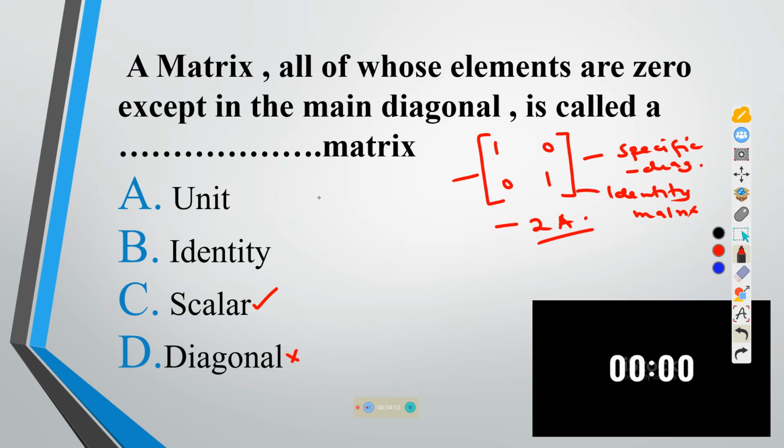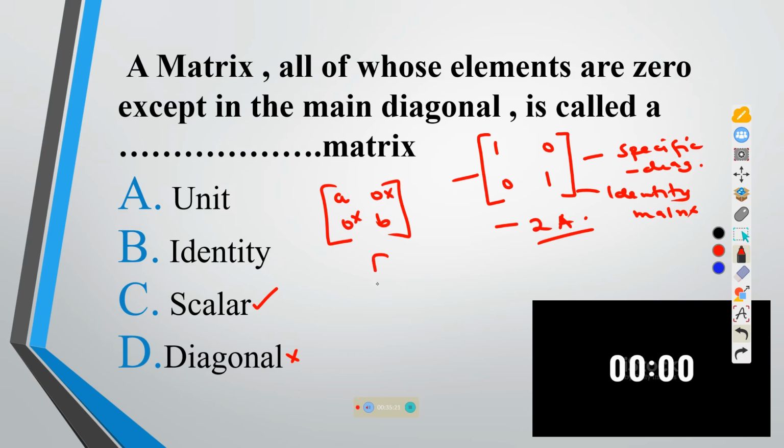So a diagonal matrix is a square matrix where all the off-diagonal elements are zeros, meaning that the elements outside the main diagonal are all zeros, but the elements in the main diagonal can be any values.